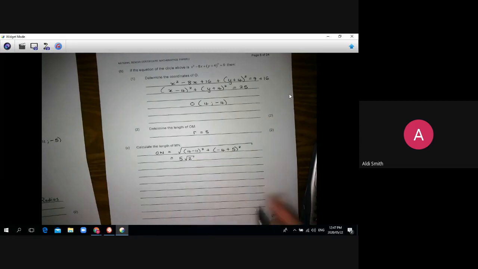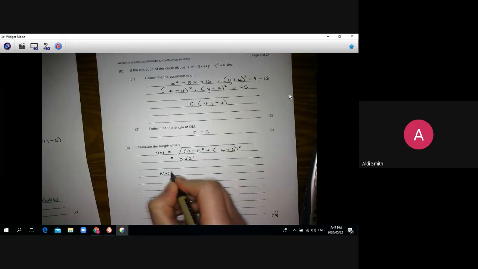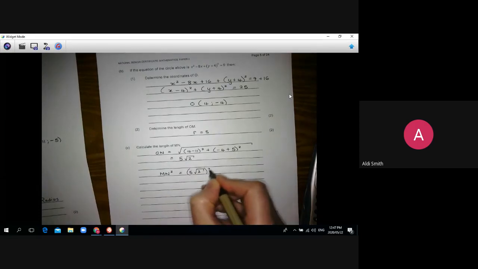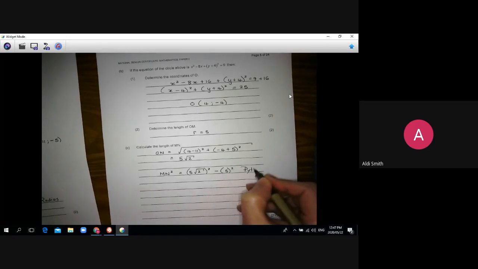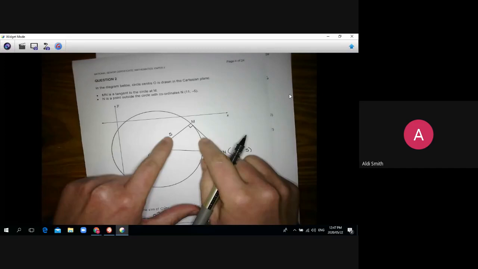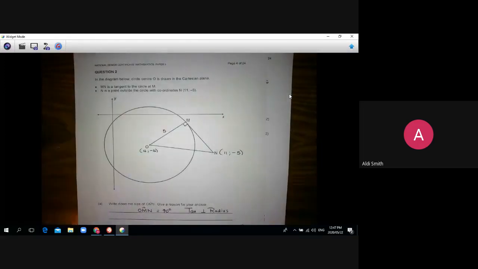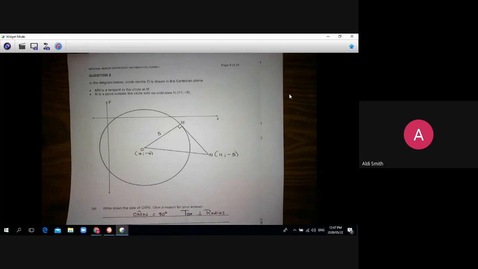And then we can say MN squared is then that (5 square root 2) squared minus the 5 squared, which is your Pythagoras. Which then means that MN is equal to 5, which, just for interest's sake, not that you really needed to know this, makes this one an isosceles triangle because this is 5 and this is 5. But that wasn't really necessary for you to know.